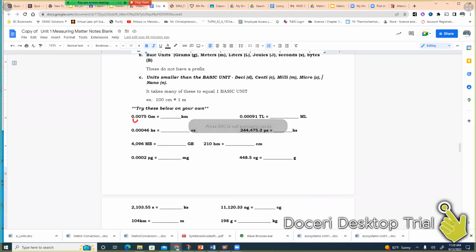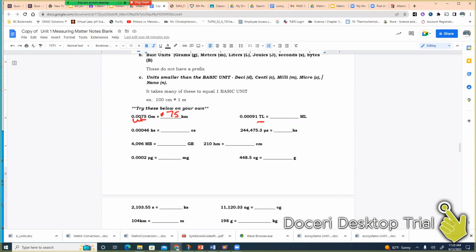My decimal's here, 1, 2, and it would become 0.75 kilometers. Like we said, if we're moving it to the right, it's going to become larger. If we're moving it to the left, it would become smaller. Your sig figs should stay the same. In other words, I had 2 sig figs in my gigameters, and I still have 2 sig figs in my kilometers.